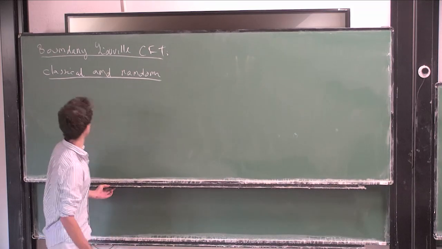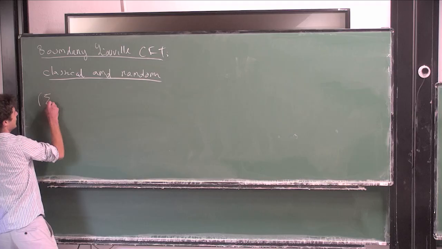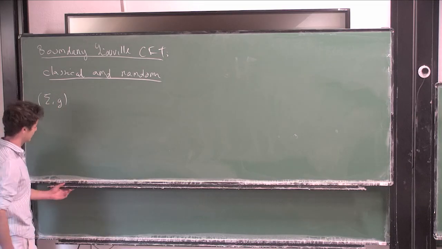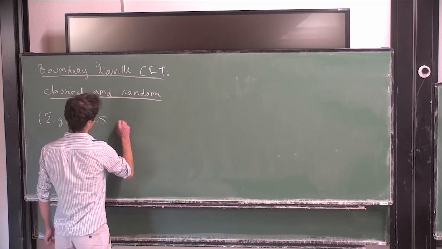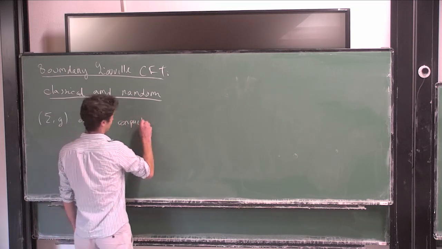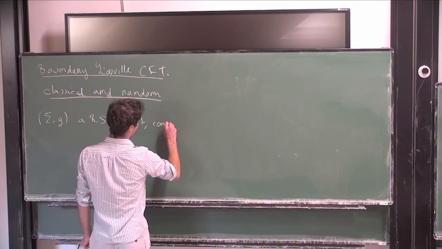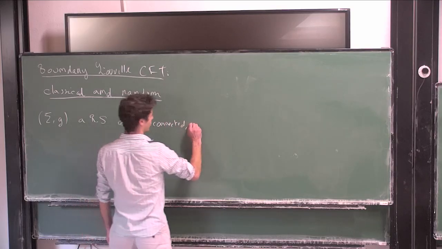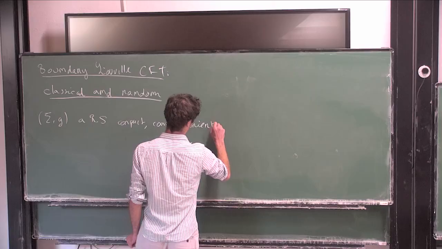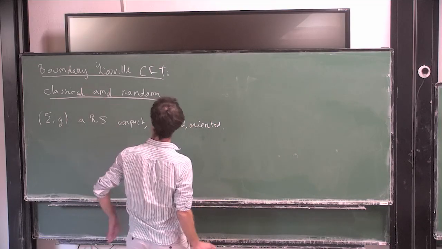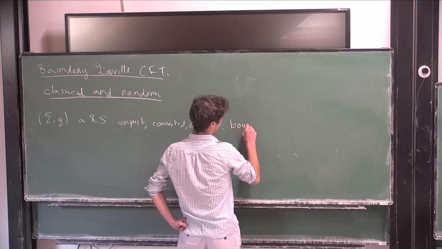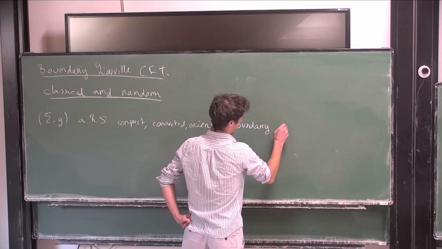So without further ado, let me fix the context. I will take (Σ, g) to be a Riemannian surface, which I will assume to be compact, connected, oriented, and we assume that it has a boundary.